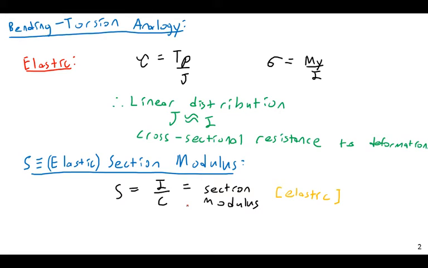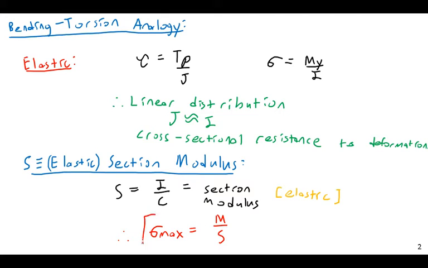As long as a section is under elastic bending, we know that the maximum stress will occur at the distance C. In other words, the further you are from the center, the higher the bending stress. So we can combine the moment of inertia and the C, and from then on simply say sigma max is just M over S.